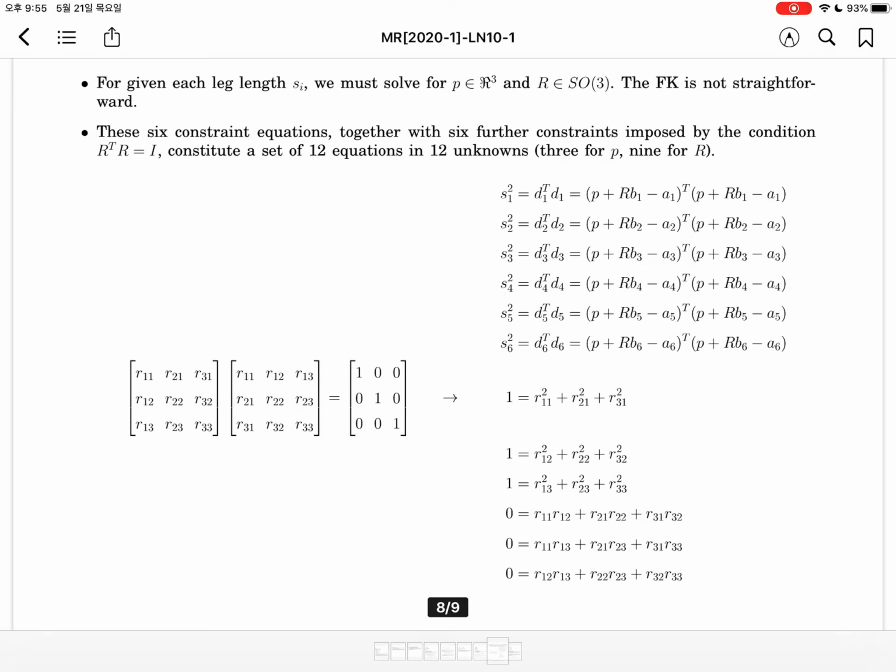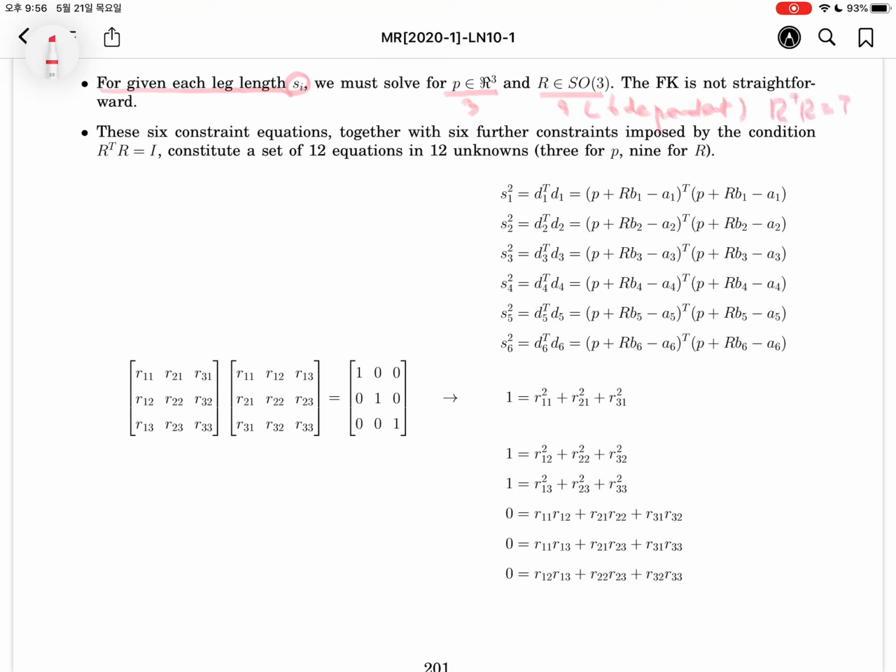On the other hand, when each leg length Si is given, we must solve for the position vector P and the rotation matrix R. As you can see here, the position vector has 3 unknowns. The rotation matrix has 9 unknowns, but it has 6 dependent equations, is it right?